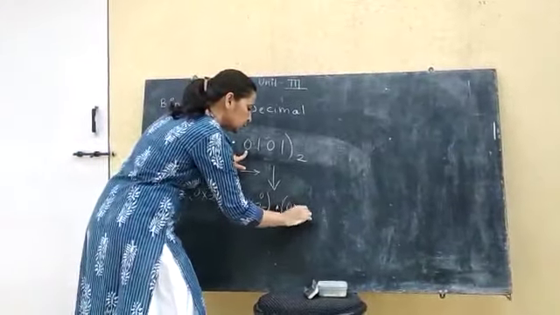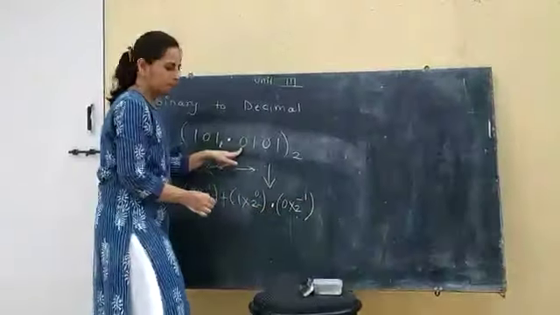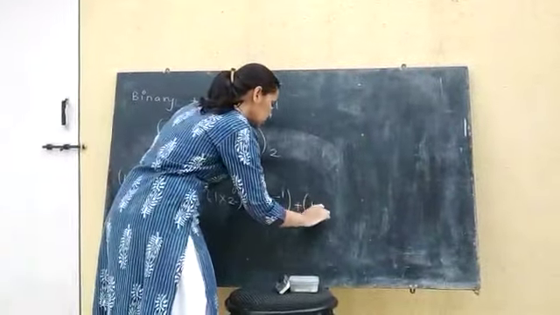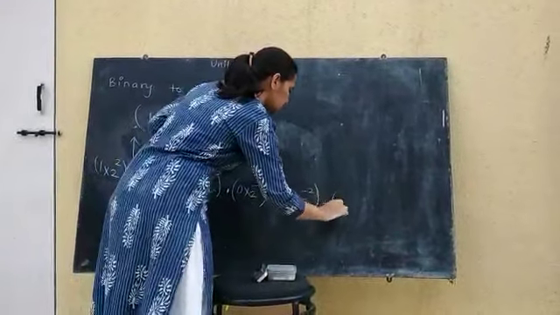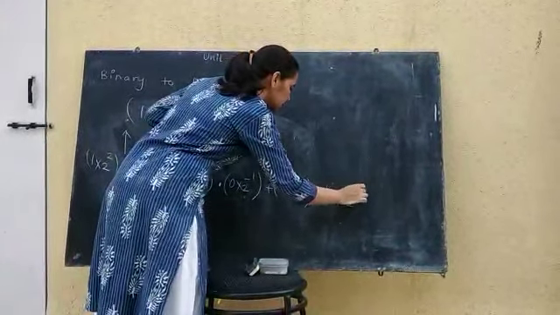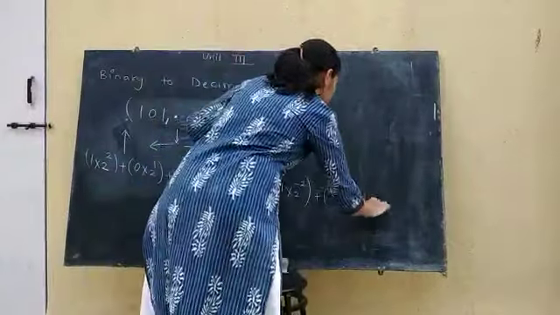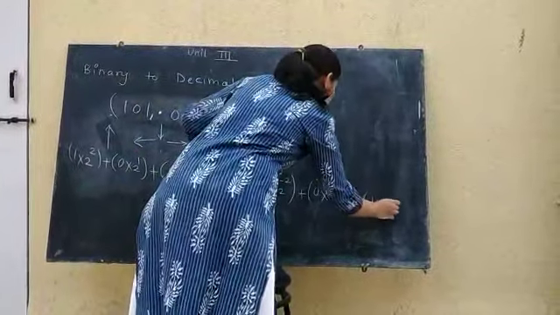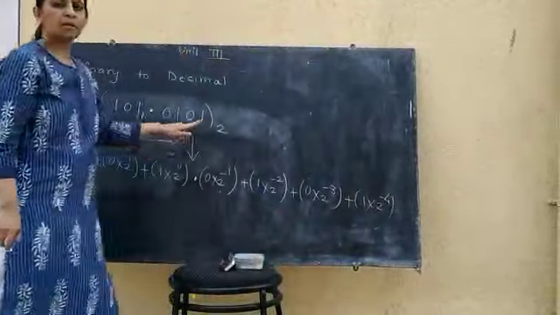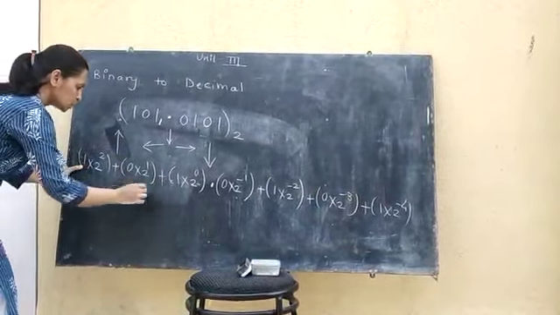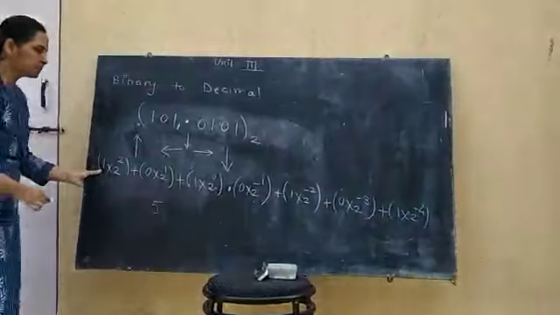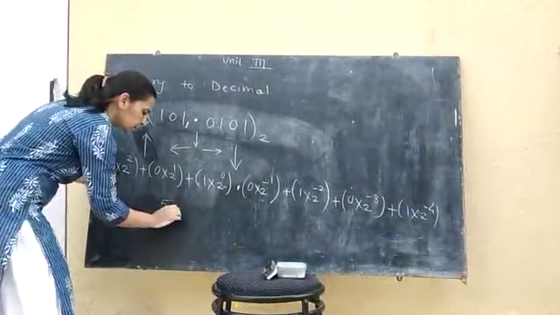So 0 into 2 raised to minus 1 plus 1 into 2 raised to minus 2 plus 0 into 2 raised to minus 3 plus 1 into 2 raised to minus 4. So this will be 4 plus 1, that is 5. Point.